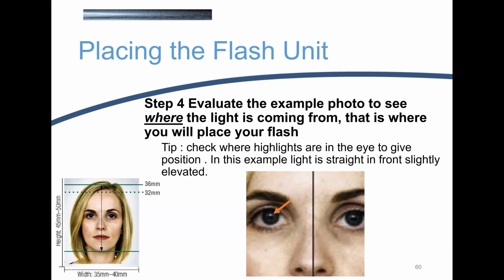So it's always really important in photographs to have one. But if you're trying to work out where the light came from, have a look in their eyeball, and that tells you exactly, with respect to their face, where the light came from. And in this case, it's saying it's come from straight in front and slightly elevated. So that now shows you where to place the flash.